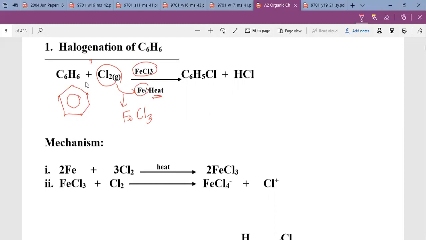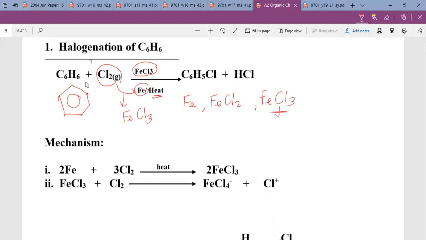Remember one thing: one year it came out, they asked you why iron metal gives FeCl2 and FeCl3. It has a very low melting point.